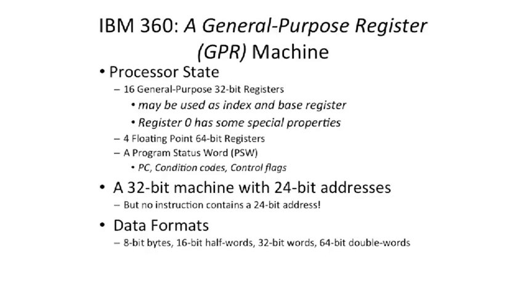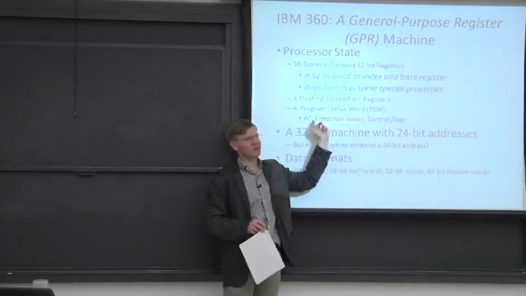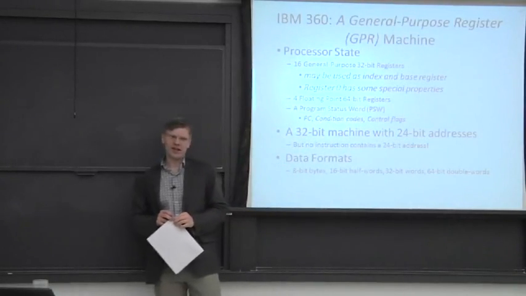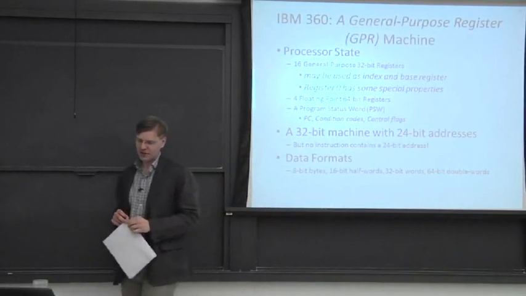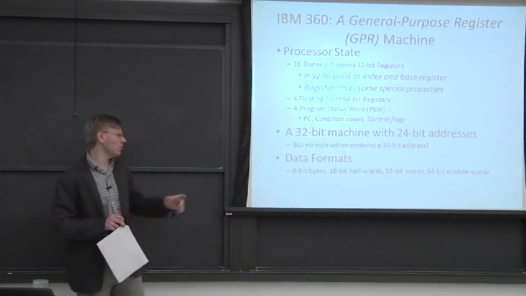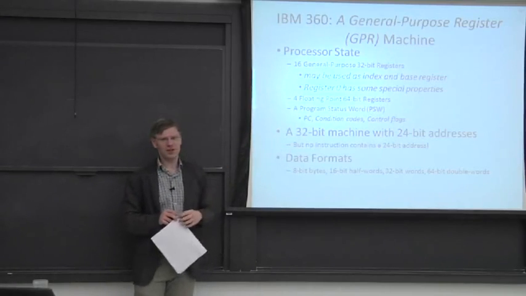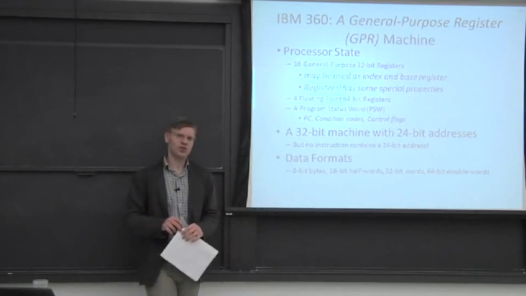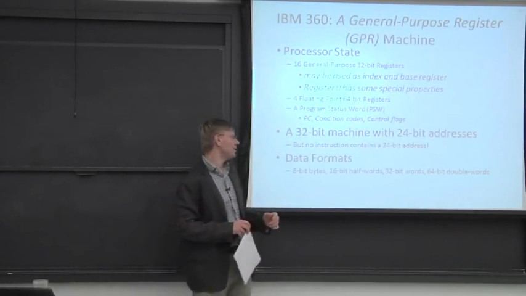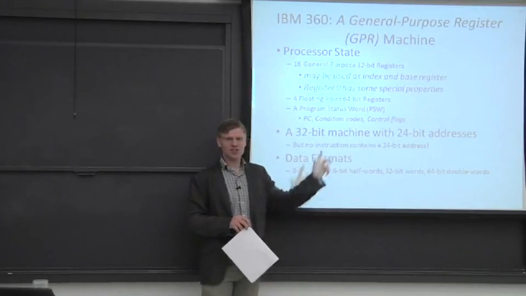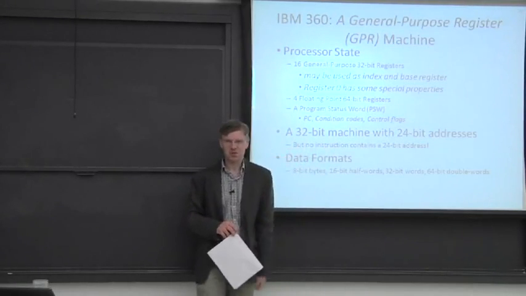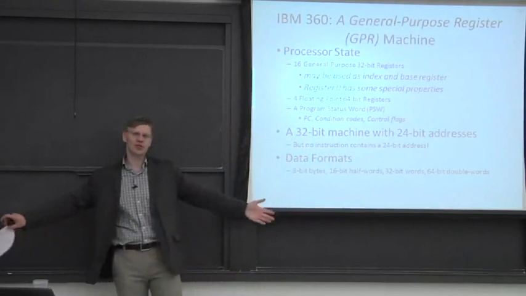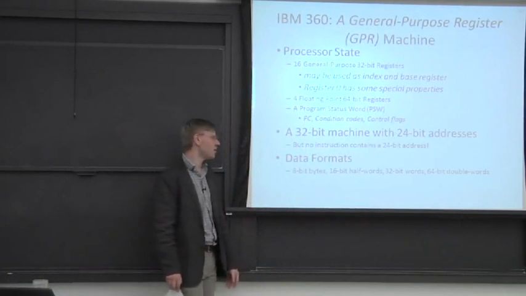It had condition codes and control flags. And it was a 24-bit address machine. At the time, that was huge. 2 to the 24 was a very large number. Nowadays, it's not so large, and they've since expanded that on the IBM 360 successors. But they thought it was good for many, many years, and it was good for many, many years.